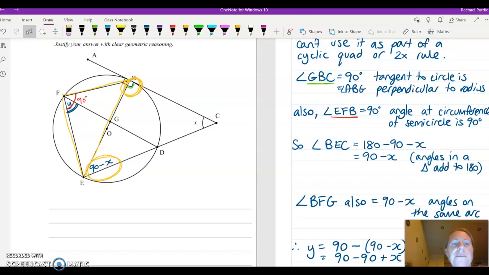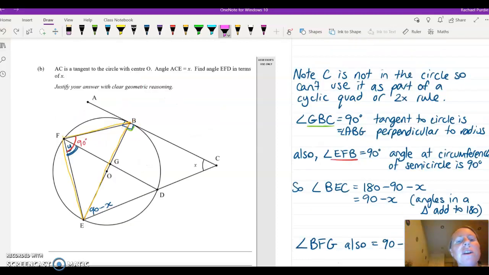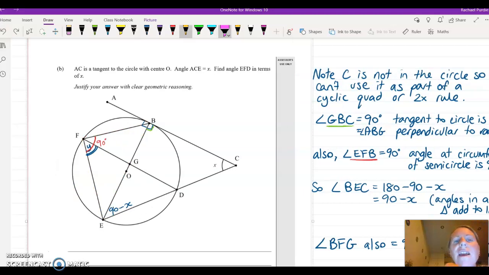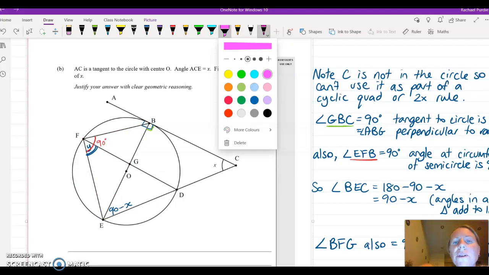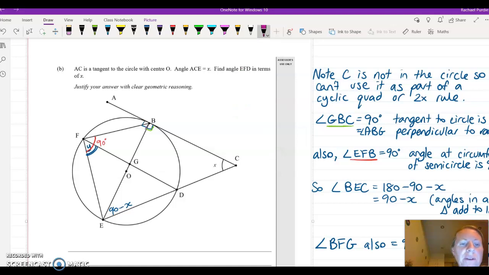All right, well, I'll just get rid of the orange for a tick on there. You'll also then notice, we'll do it in purple, that we've got one of the feet and hands guys going on again, don't we? So, since this guy is 90 minus x, then this guy in here is 90 minus x as well, isn't it?